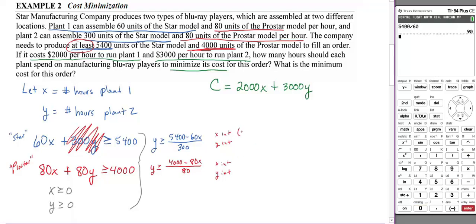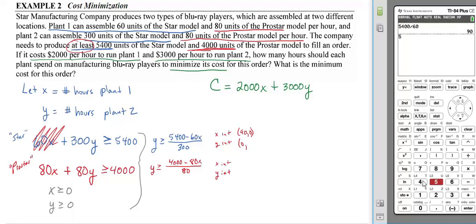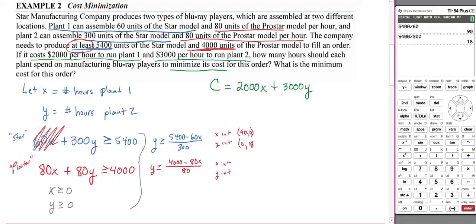So that's (90, 0). And for the y-intercept, we would make the x 0, and that gives us 5,400 divided by 300, 18. Okay, and x and y intercepts here.